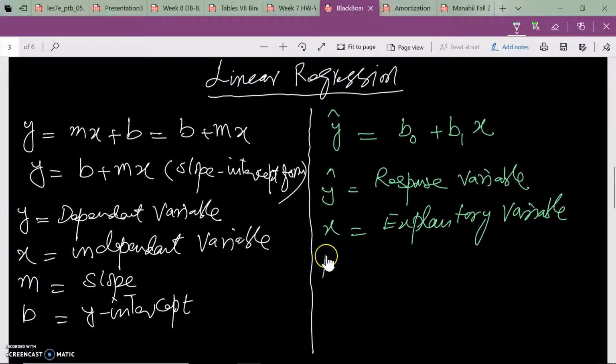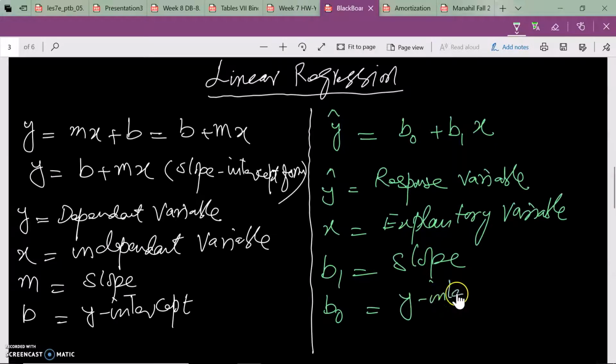b1 is called the slope, and b0 is called the y-intercept. So this is the corresponding equation in regression. If we have this equation in algebra, then we have this equation in regression.